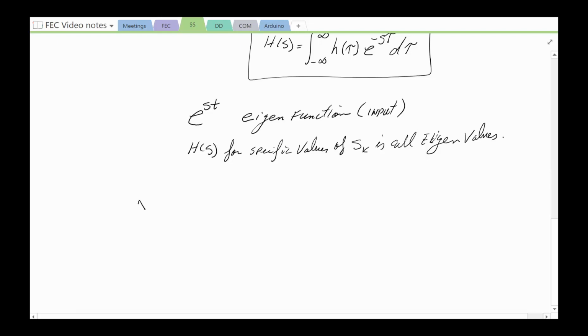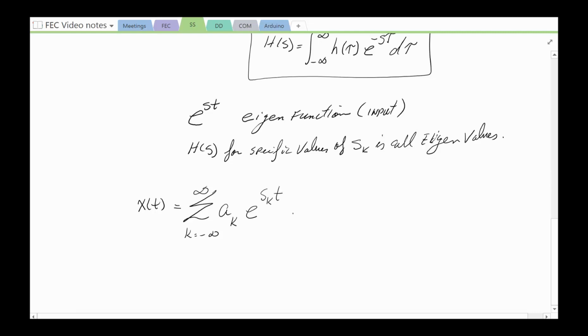And just one more thing I wanted to do is, let's say your input x of t to the system may not be just one, but may be a summation of a bunch of values a k, and k could go from anywhere to anywhere you like, let's say from minus infinity to infinity, e to the s k t, with different omegas.